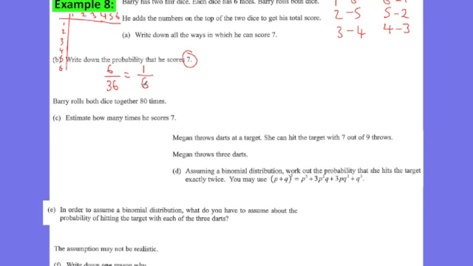We're then told that Barry rolls both dice together 80 times, and we're asked to estimate how many times he scores a 7. So to estimate this, we take the probability of scoring a 7, 1 over 6, times by 80. And this rounds to an estimate of 13, to the nearest whole number.